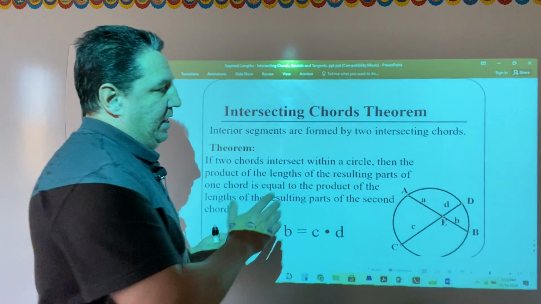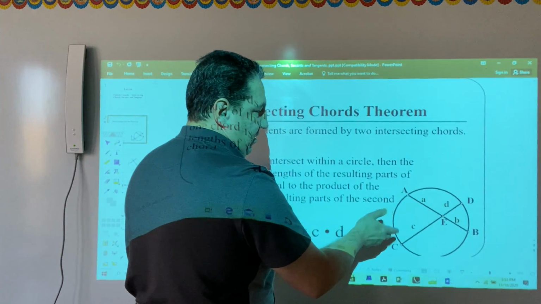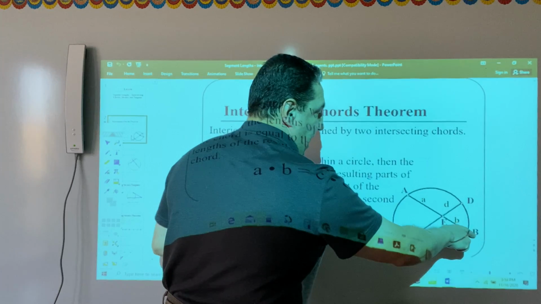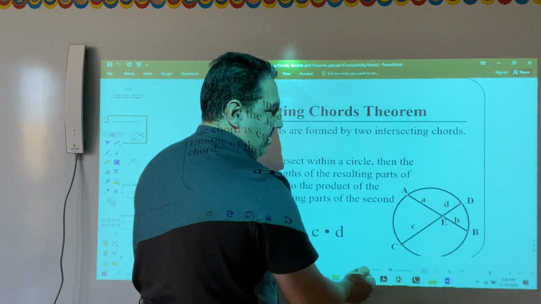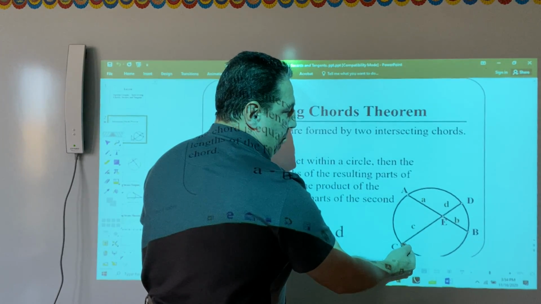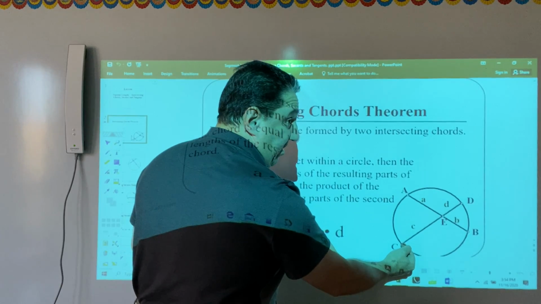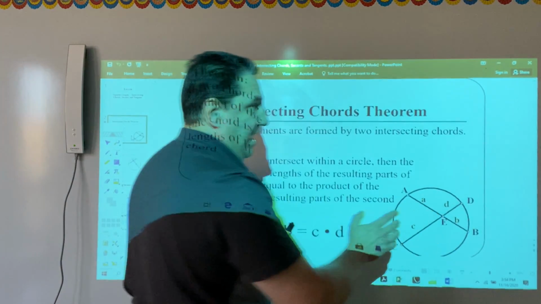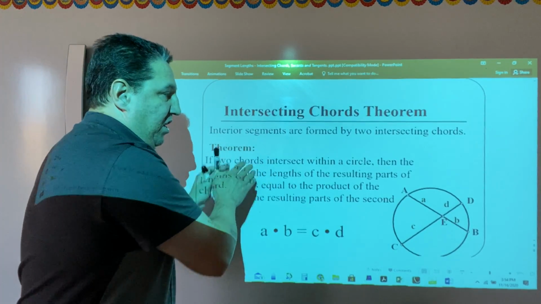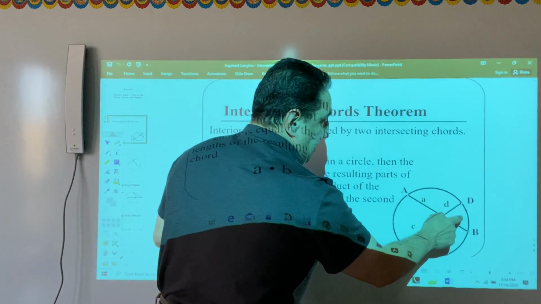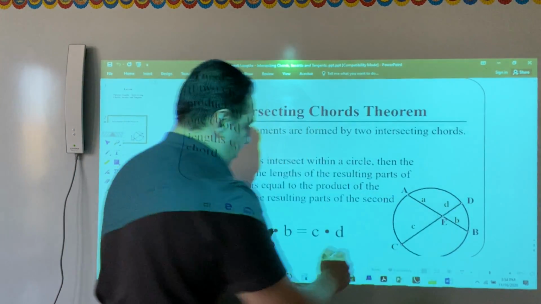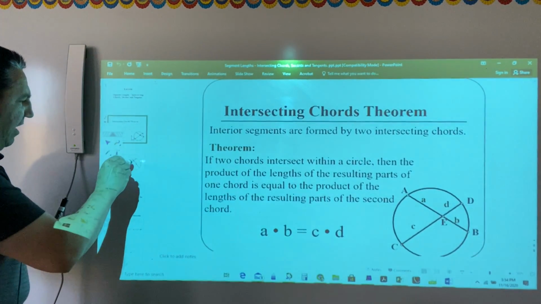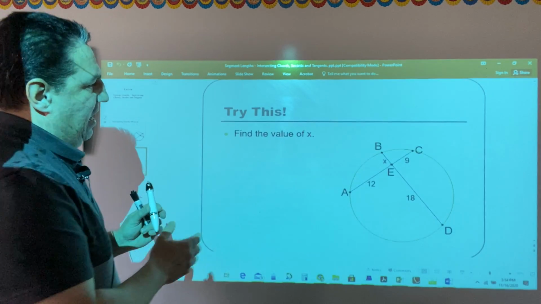In other words, after intersection, the resulting segments of chord AB are A and B. The resulting parts of the other chord, which is CD, are C and D. This theorem states A times B equals C times D. It's simple. Now, let's have an example.